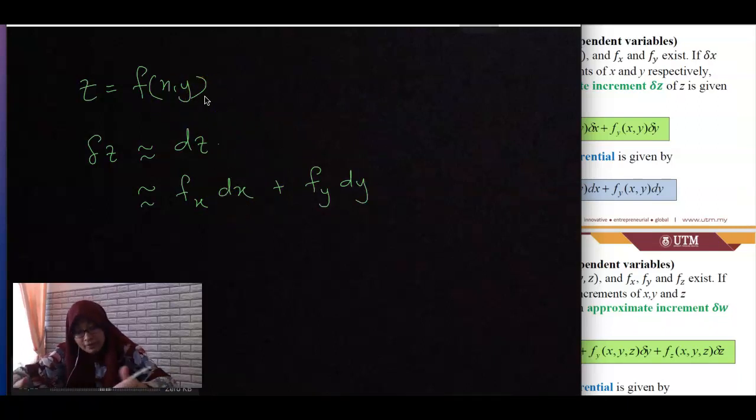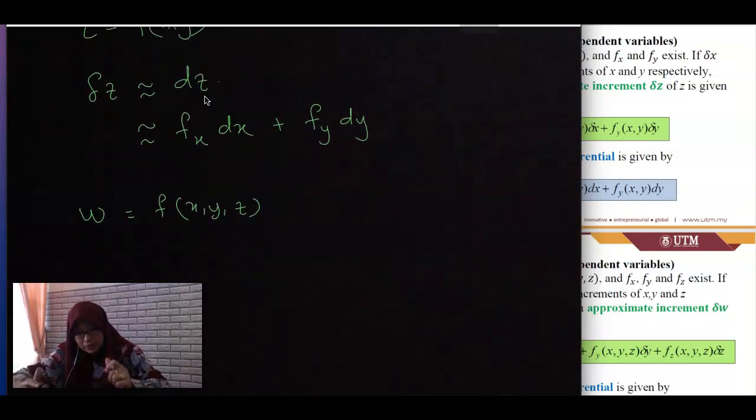But if you have a three variable function, w is the function of x, y, z. You have three variables now. So how can you obtain the true change of w? The true change of w can be approximated by the total differential of w, so dw.